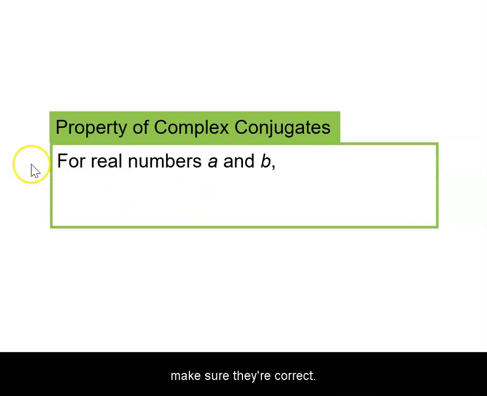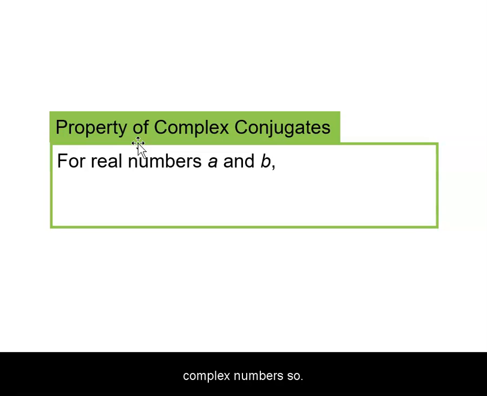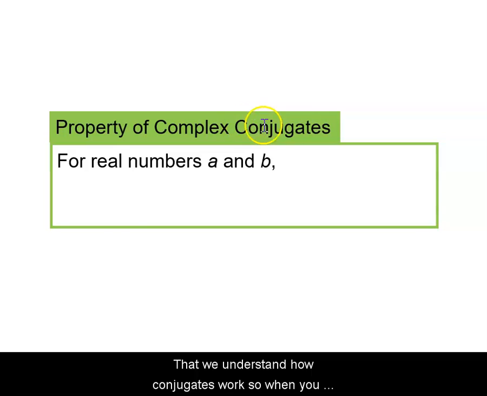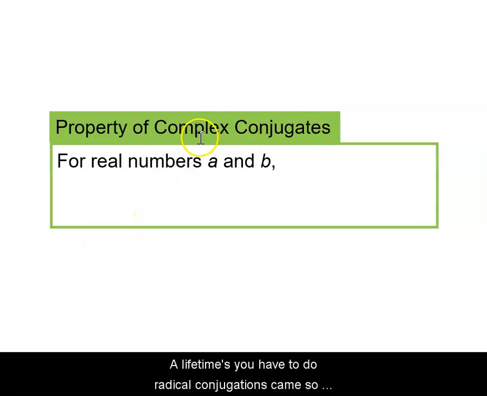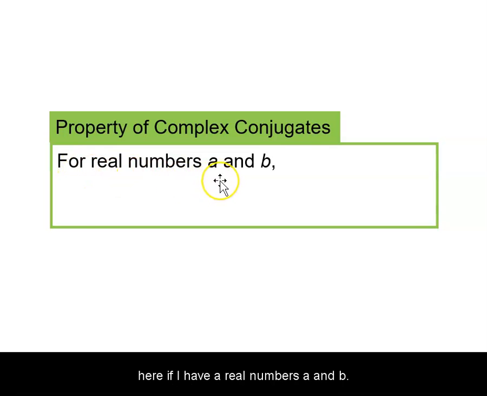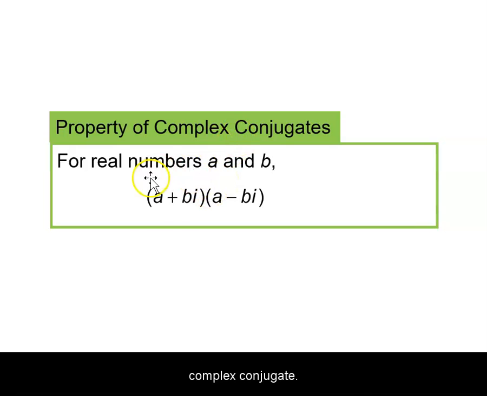Very important, right? So property of complex conjugates. So this is going to be very important for us in dividing complex numbers. So we want to make sure that we understand how conjugates work. So when you rationalize radicals, a lot of times you have to use radical conjugates. Okay, so here, if I have real numbers a and b, and that gives me a complex number a plus bi, okay, then the complex conjugate of a plus bi is a minus bi.